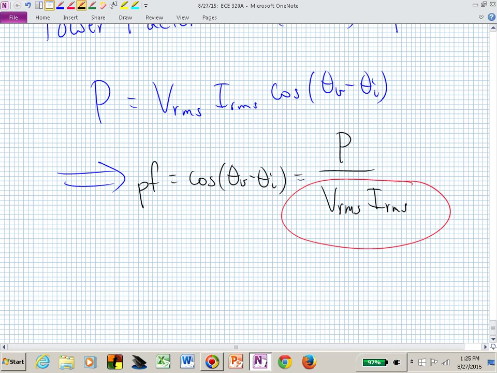If it was purely resistive, then what's cosine of theta sub V minus theta sub I? Theta sub V minus theta sub I is 0, cosine of 0 is 1, and you are using all of the power that the power company is giving you. So your apparent power is equal to your real power. But when they're not, then this slips a little bit and you're less than 1. That VI is now called the apparent power.